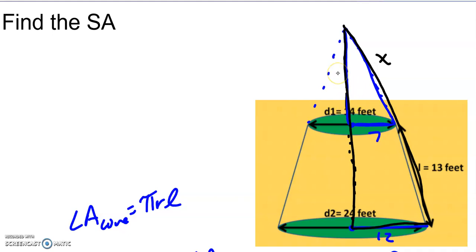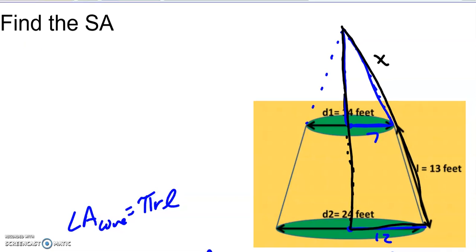This blue triangle and this black triangle are similar, so we can set up a proportion: 7 is to x as 12 is to x plus 13.